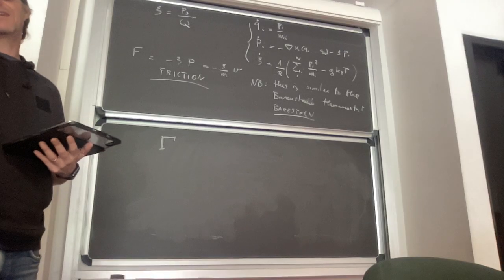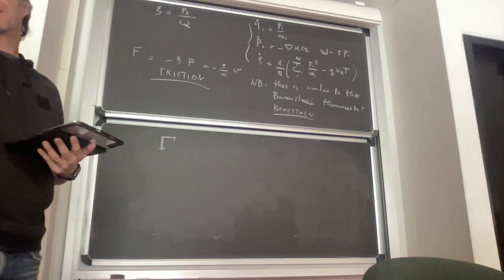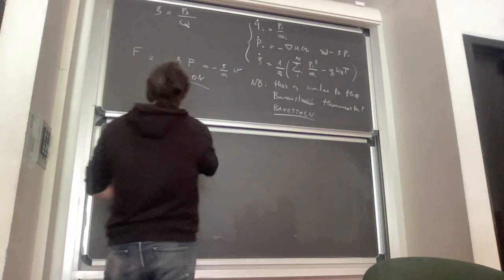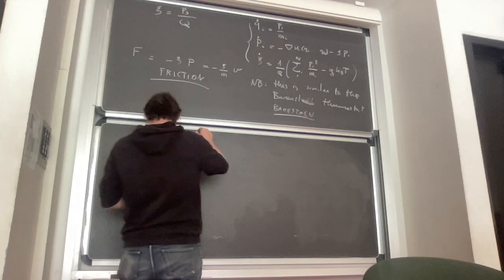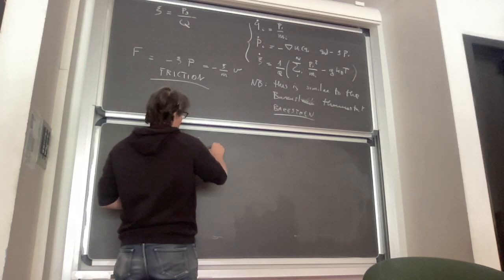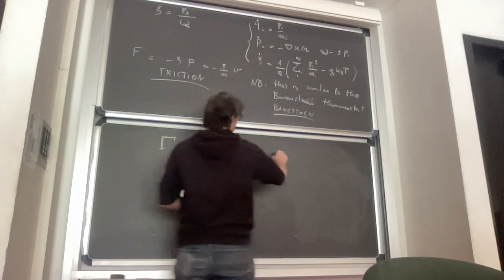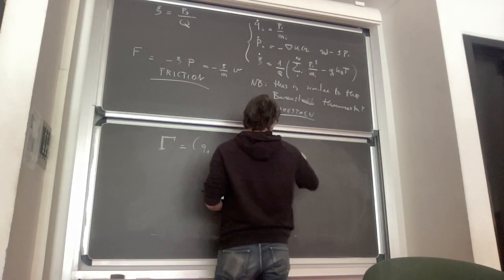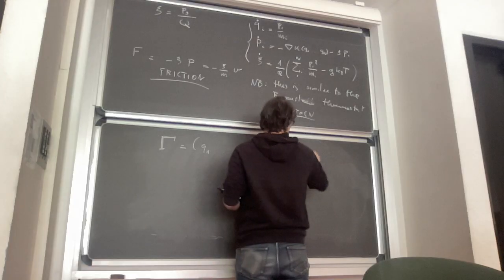And then I will forget and I will use the word gamma as if it was the bold phase gamma, because I know I cannot keep a notation for too long. And this is nothing but the collection of all the Q's, all the P's, and this would be the regular gamma, but also the S, also the Xi.